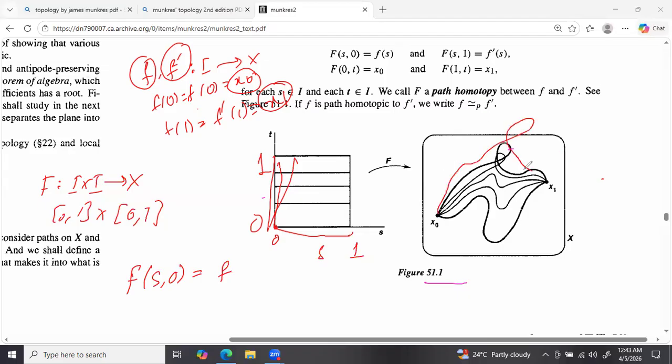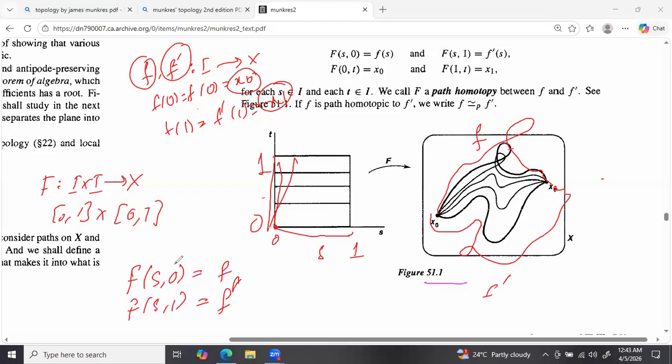Let's write this f, okay. And if we substitute t is equal to 1, we get the last path, which is called f prime, okay.